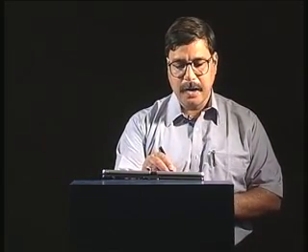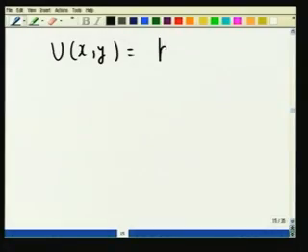Let us take another example. Let me just hook up U(x, y) to be k x y, as I said earlier, as an example that I took earlier, and let me now plot the constant U surfaces.